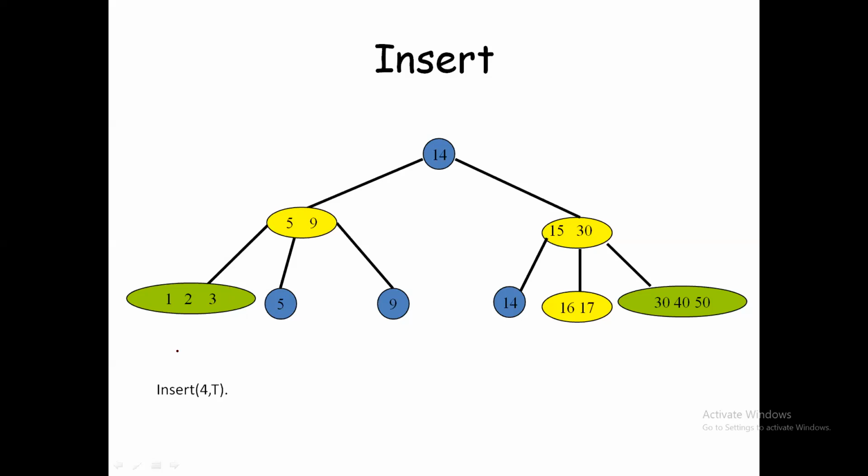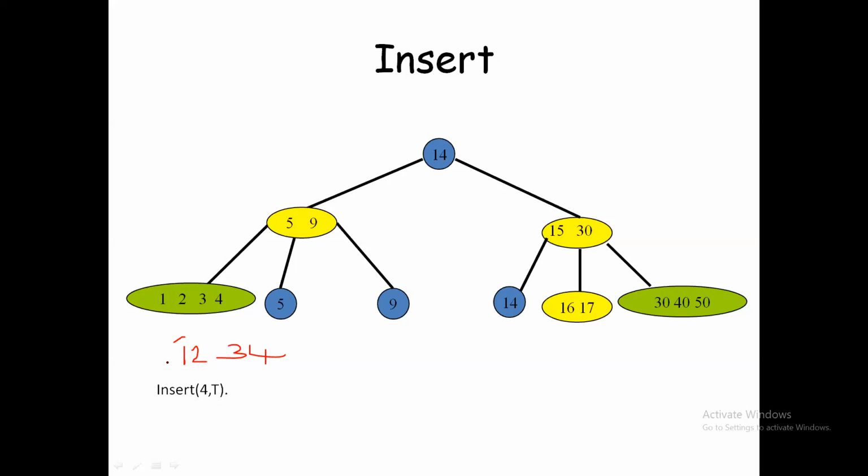Next, you are inserting the element 4. What happens? It comes to this position. Right now it is in this position. We have to split the node. 1, 2, 3, 4, right? It automatically comes to this position. We know that it should be in ascending order. When I insert 4, it is automatically sorted. When it exceeds the limit, this node should be split into 2 nodes.